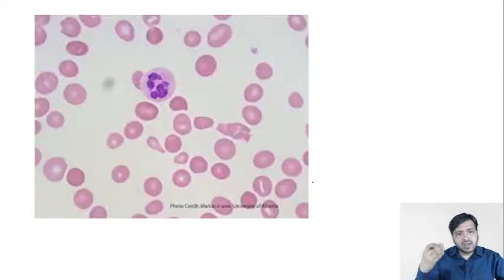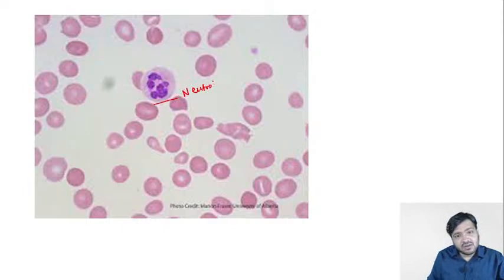Now coming on to another form of megaloblastic anemia, where you can see the structure of a neutrophil. I just mentioned a few minutes back about the structure of the neutrophil. Basically we have 3 to 5 segments.